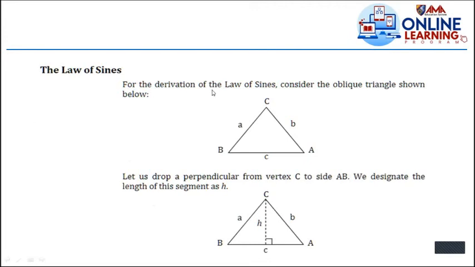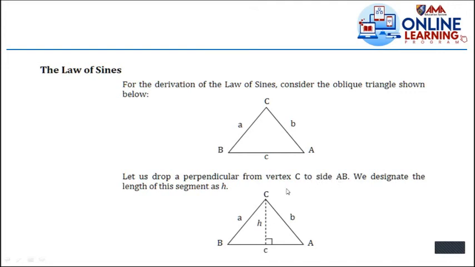For the derivation of the law of sines, consider the oblique triangle shown below. This is your oblique triangle composed of the three angles A, B, and C, and you have your sides a, b, and c. Let us drop a perpendicular from vertex C to side AB.